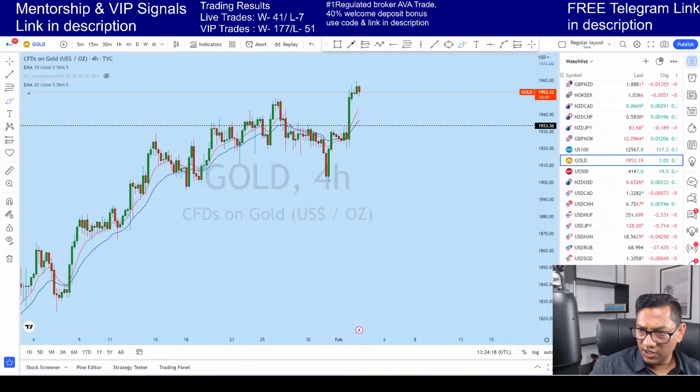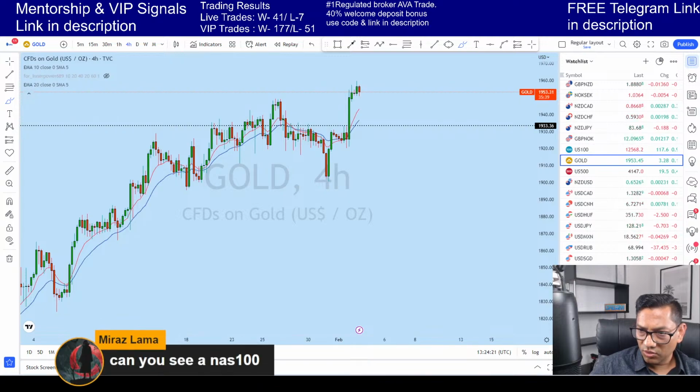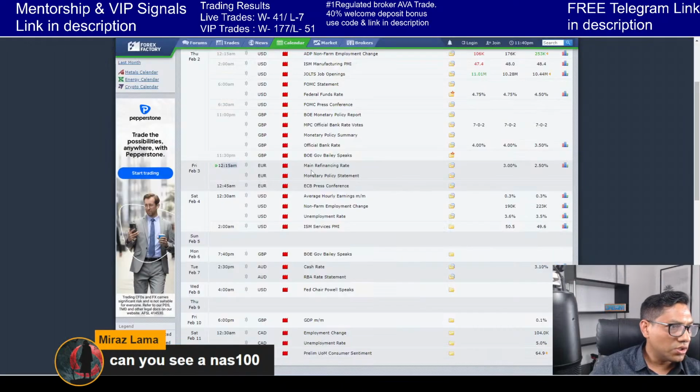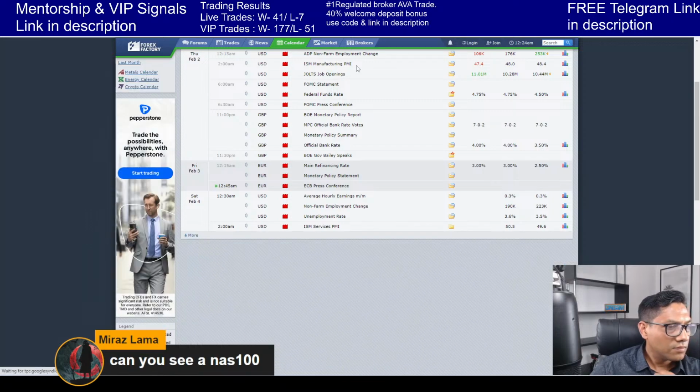Can you all see NASDAQ? Yeah, absolutely. It is within 8 minutes. So looking at the news which is announced, the one that Euro 1215, which is exactly what is forecast.